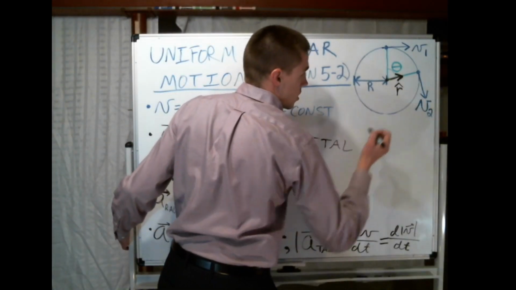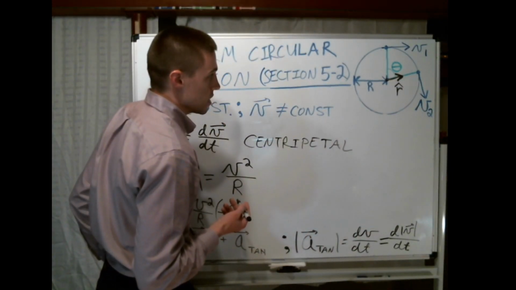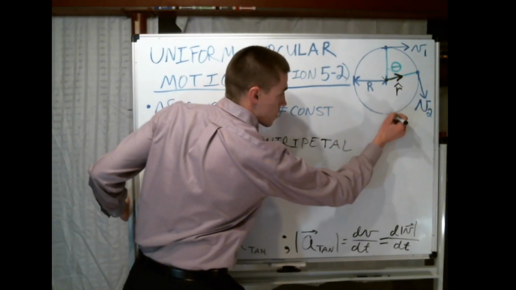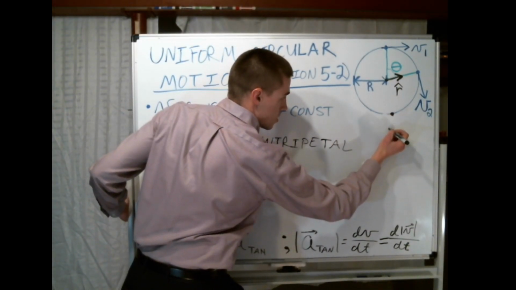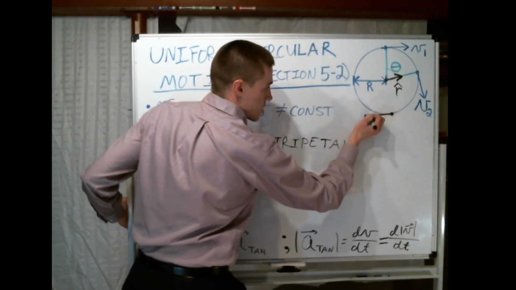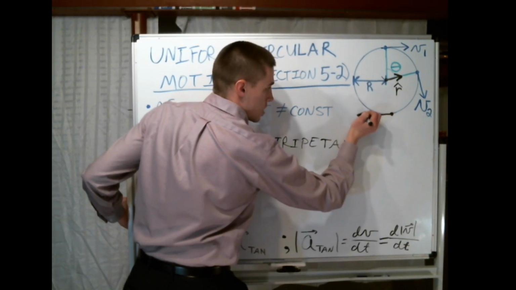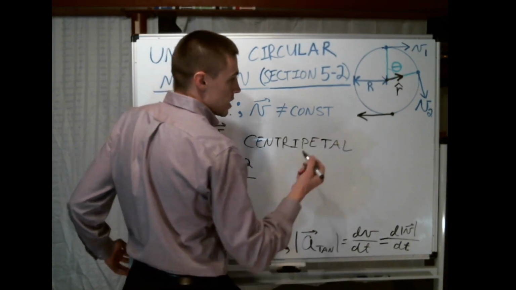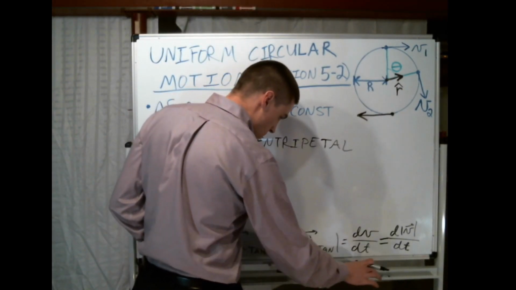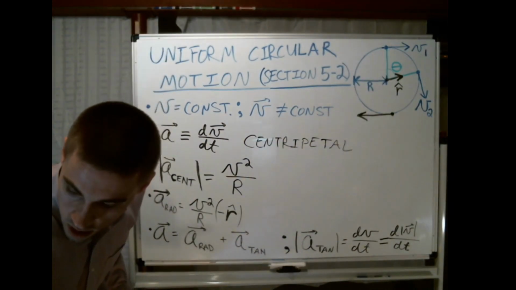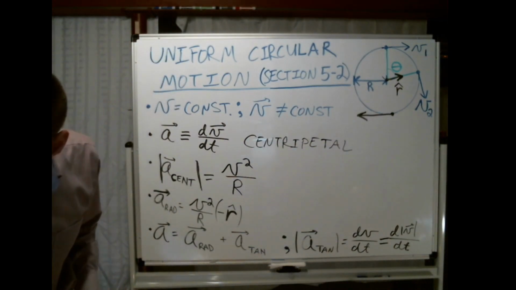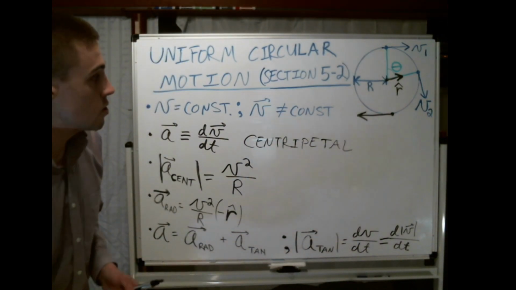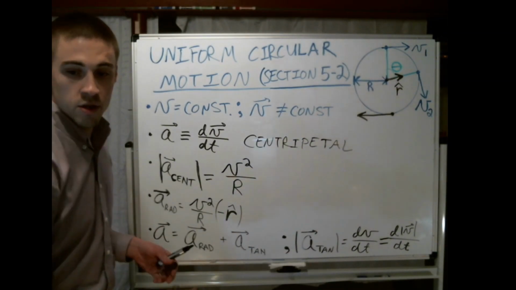So if I were to draw an acceleration up here for, say, an object down here, it would be traveling this way. The velocity vector would be tangential to the curve. And its acceleration vector, grab a different color, would have two components.